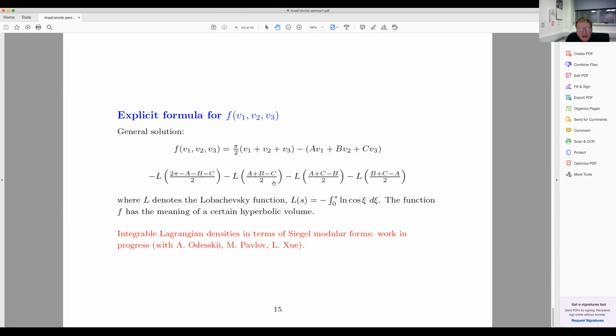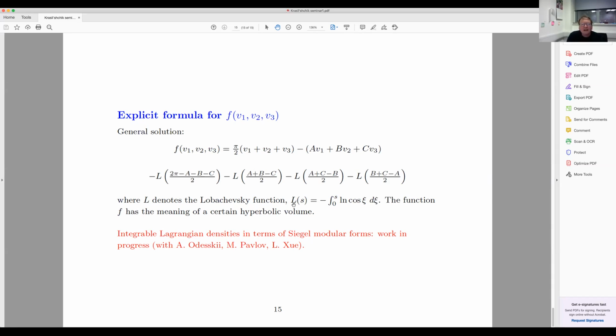Remember that capital A, capital B, and capital C are the angles of the corresponding spherical triangle, so they're explicitly expressed in terms of v1, v2, v3. And this L is the so-called Lobachevsky function. It's this special integral. It's not an elementary function. It appears in the theory of hyperbolic volumes.